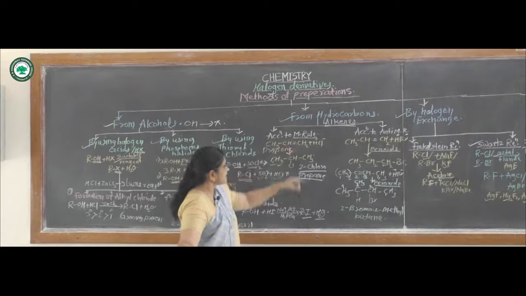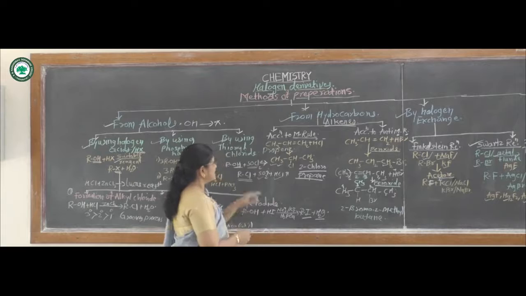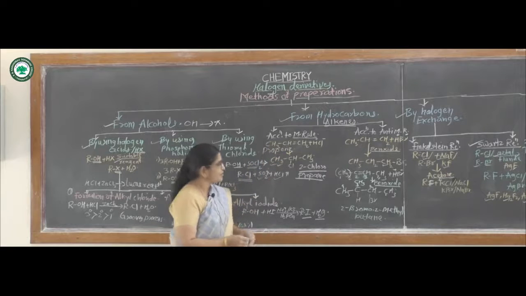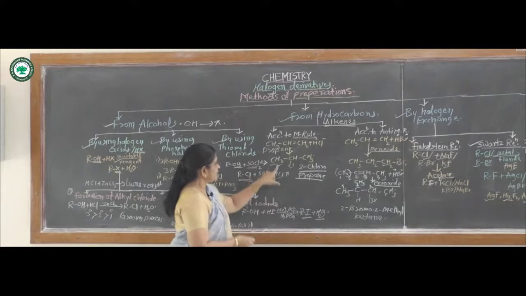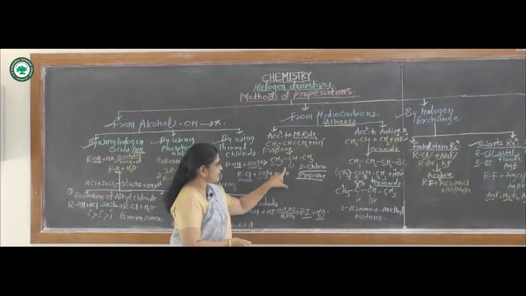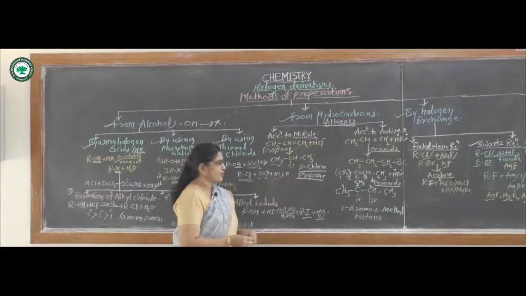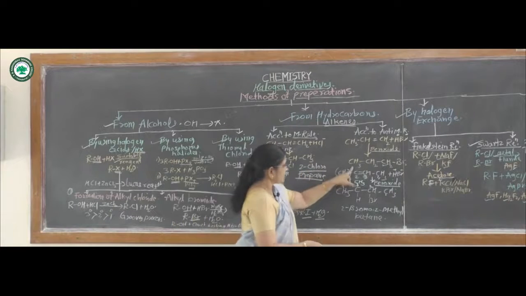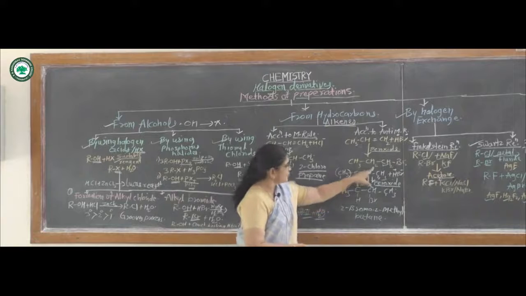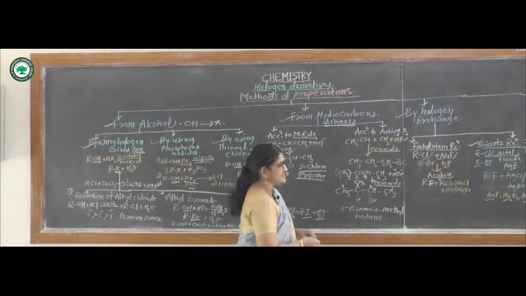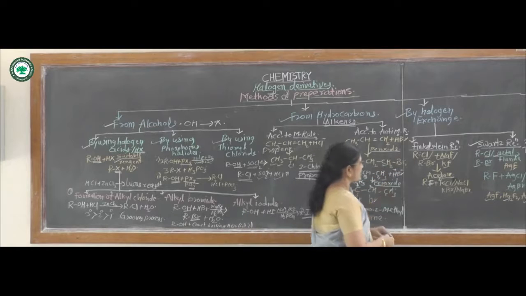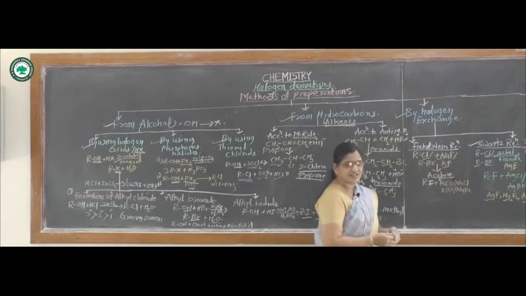Then in the second method from hydrocarbons, the first reaction is according to Markovnikov's rule and the second reaction is according to anti-Markovnikov's rule. According to Markovnikov's rule, it gives the main product 2-chloropropane. According to anti-Markovnikov's rule, it gives 1-bromopropane. Then third, by halogen exchange, there are again two reactions: the Finkelstein reaction and the Swarts reaction.